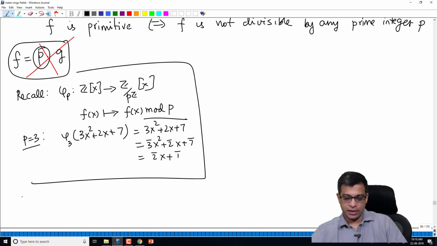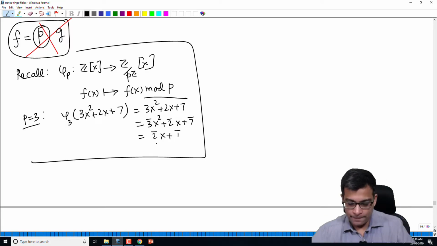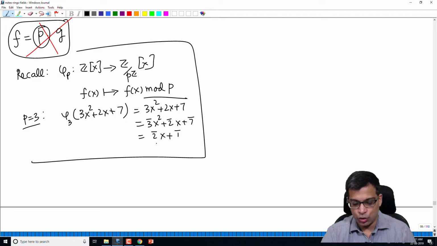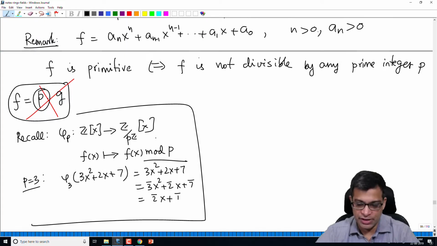This is just a digression. We are just going modulo p for each of the coefficients. The leading coefficient goes away because 3 is the leading coefficient, and what survives is 2 bar x plus 1 bar, because 7 is 1 in Z mod 3Z.